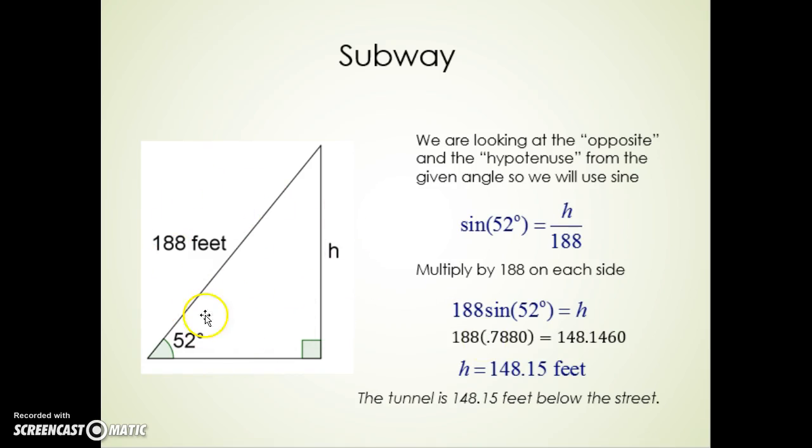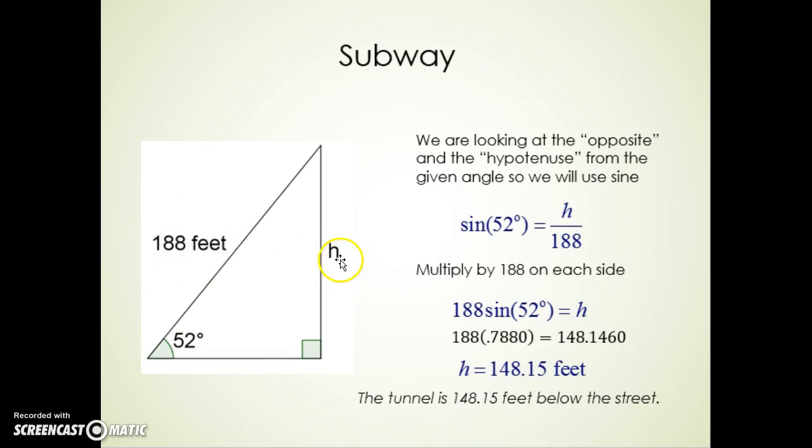So here is our picture. We have an angle of elevation of 52 degrees from the tunnel. We travel 188 feet up to the surface. And so we want to know the vertical height between the tunnel and the street. So now, again, we're going to go to our angle. We're going to see what side measures we have so we can determine what trig function we're going to use. And according to the angle, we need the opposite side and the hypotenuse.